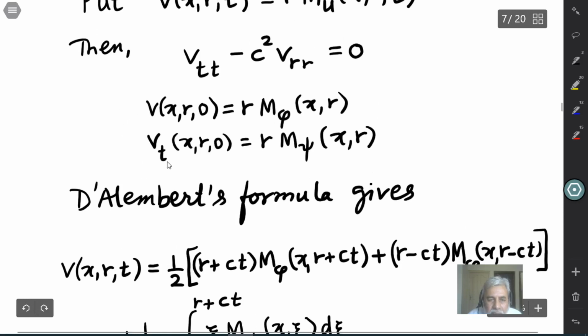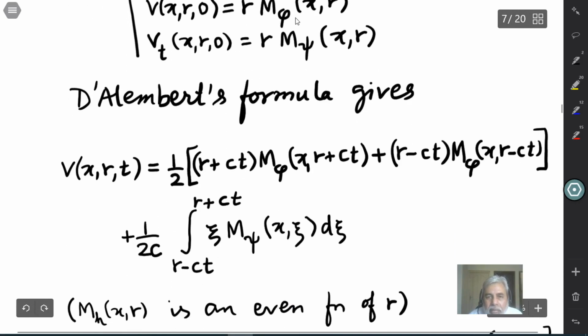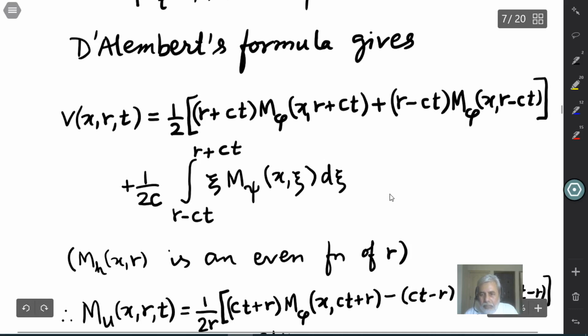Okay, so these are the initial conditions. So this is the first part coming from the initial condition at t equal to 0, and this is the derivative. So this is just by D'Alembert's formula. Now we want to rewrite this a little bit. So recall the mean value function is an even function of r.